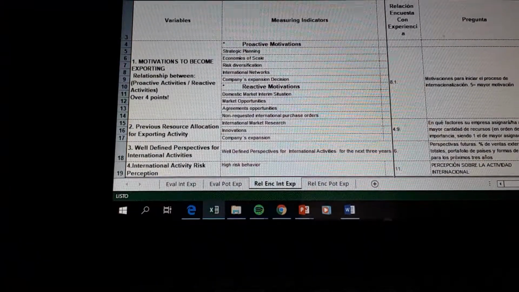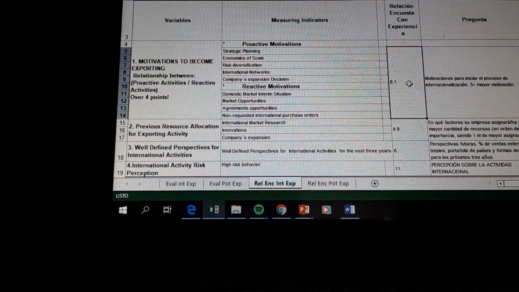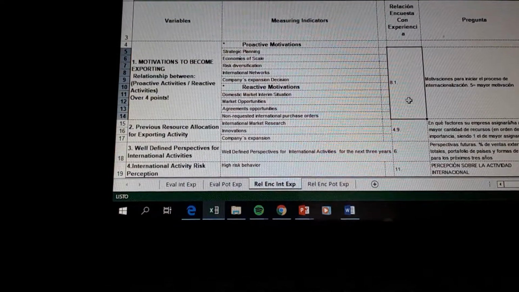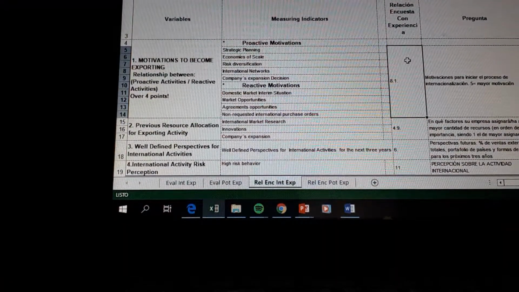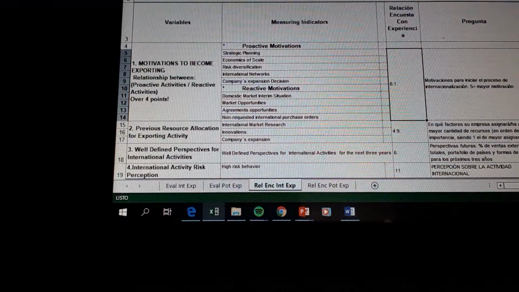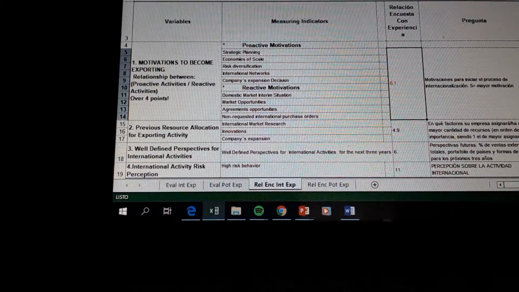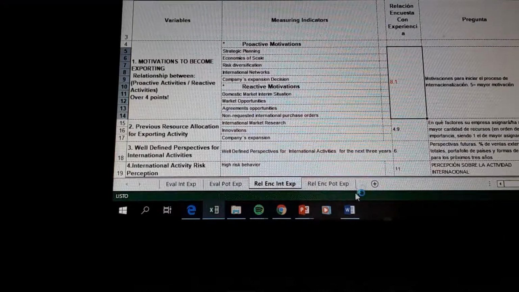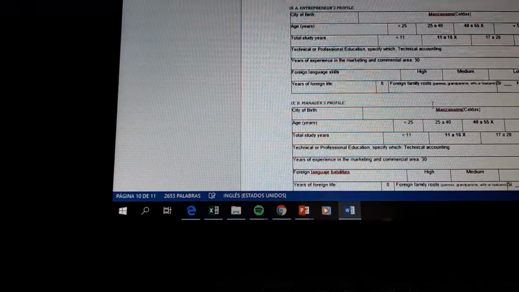But the difference in this working sheet is that you will find the answers of all these questions, proactive and reactive motivations, all these questions, you will find it in question 8.1. So let's go and take a look at that particular question and what the manager answered.